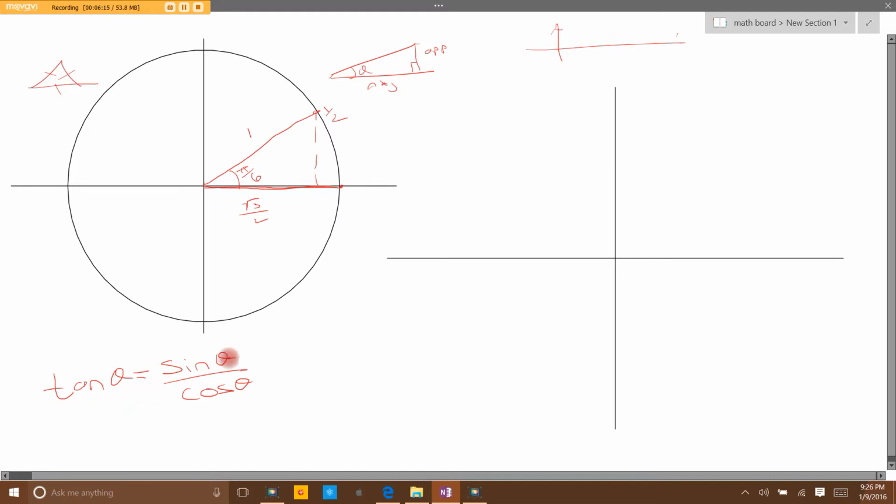And then we also know that cosine of theta is decreasing from 0 to pi over 2, right? So I'm going to use negative pi over 2, pi over 2.